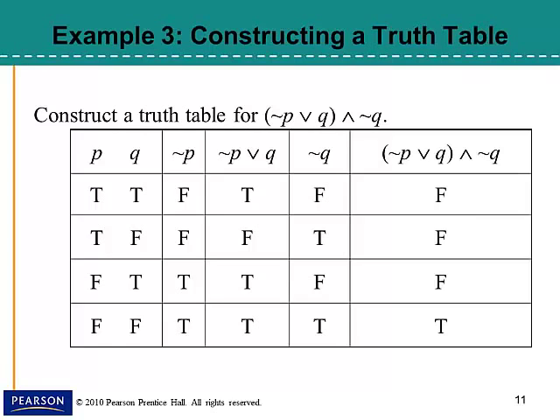Okay, so now here's another example of us constructing a truth table, or rather the author constructing a truth table for us. And he has gone ahead and separated the way he wanted to set it up.